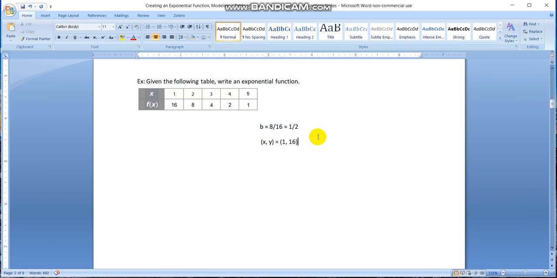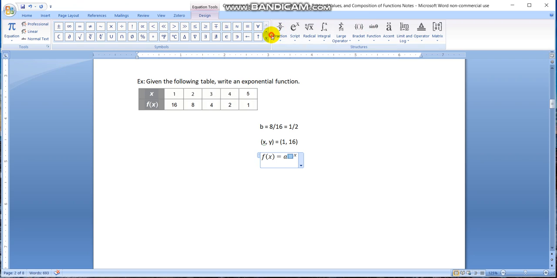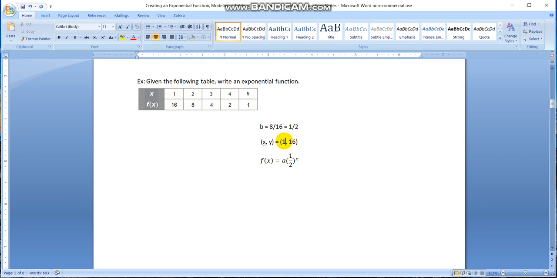Okay, so next what we need to do is plug in what we know in order to solve for a. So we know that b is going to be 1/2, so I'm just going to put that in here. That is going to be 1/2. And we have x here.